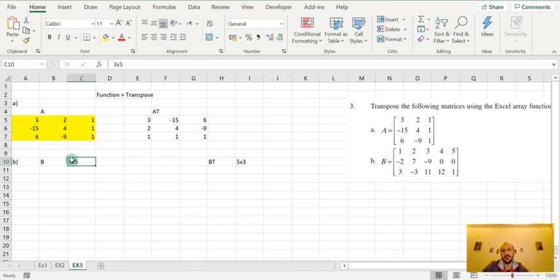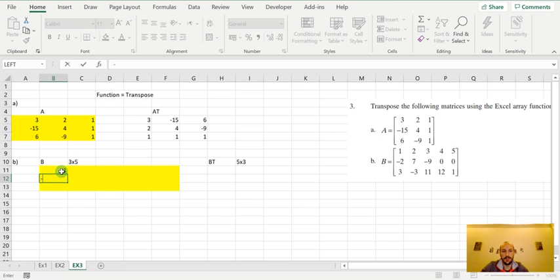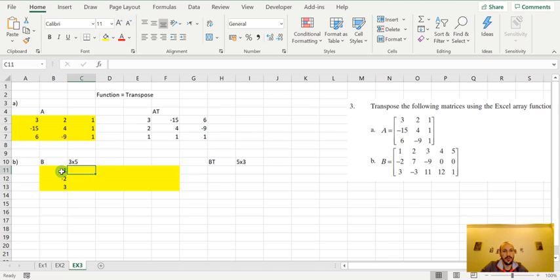You know, because here we have 3 rows and 5 columns, we will get the opposite: 5 rows and 3 columns. So here our first one, which is this matrix, we have 1 minus 2 and 3. We have 2 7 and minus 3.